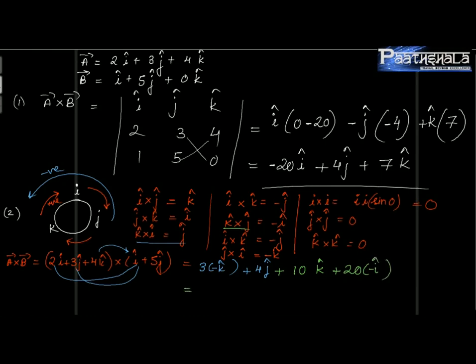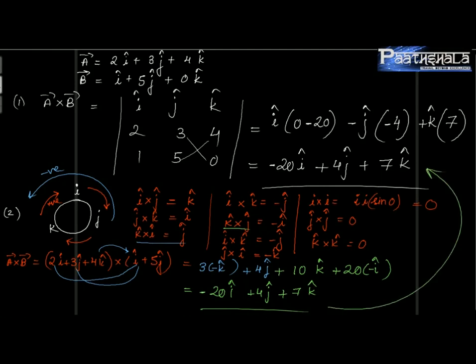So here what we get is minus 20 i hat plus 4 j hat plus 7 k hat, which is exactly what we got using method 1.